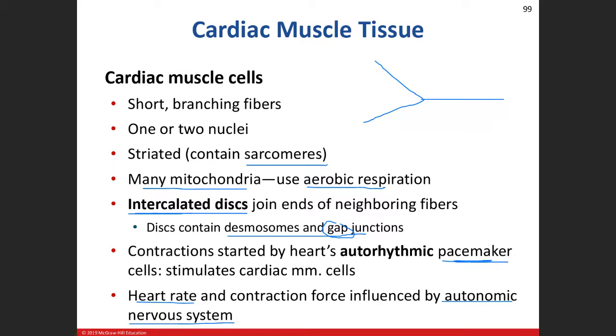That's your autopilot nervous system. Okay? Like I said, heart rate will be influenced, either increased or decreased, by the nervous system, specifically the autonomic nervous system. Okay, so the rate of contraction, and not only that, but the force, because it can actually increase how hard that muscle can contract. Okay, but you get to learn all that fun stuff in 211.